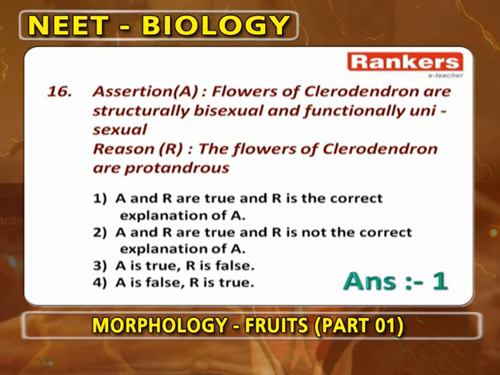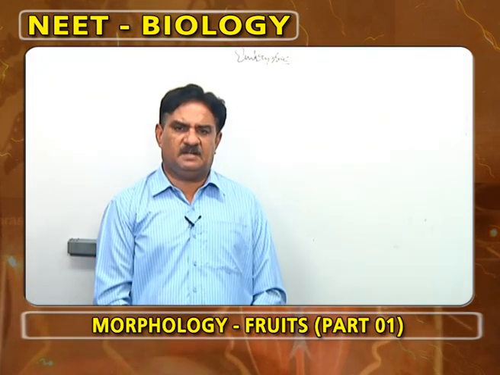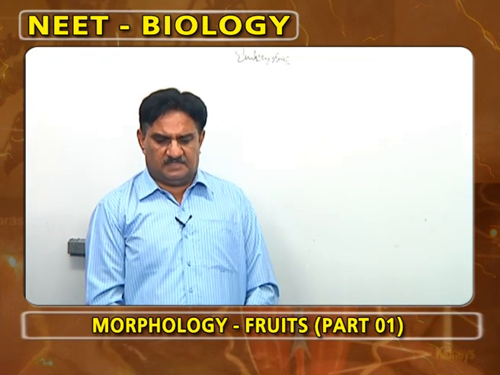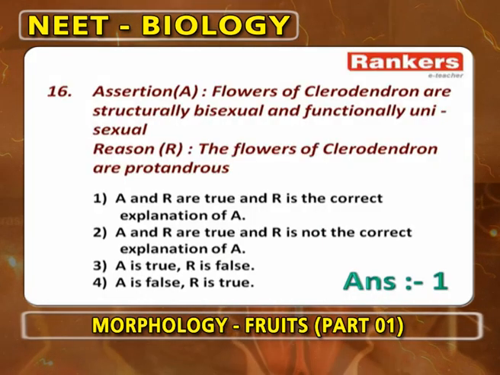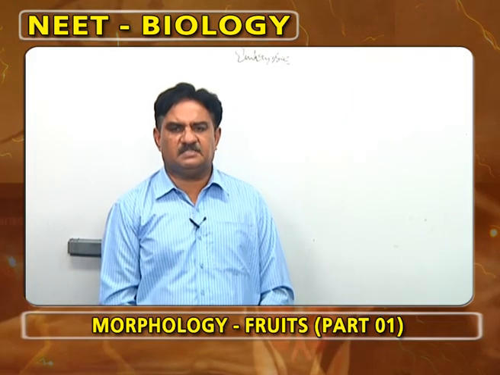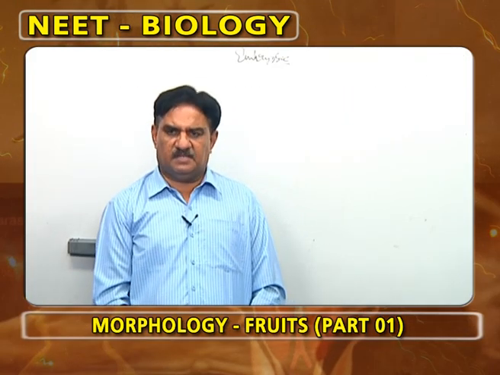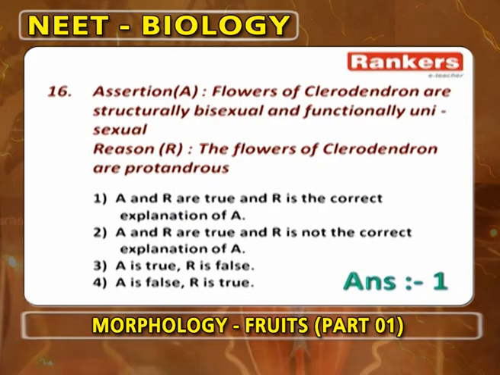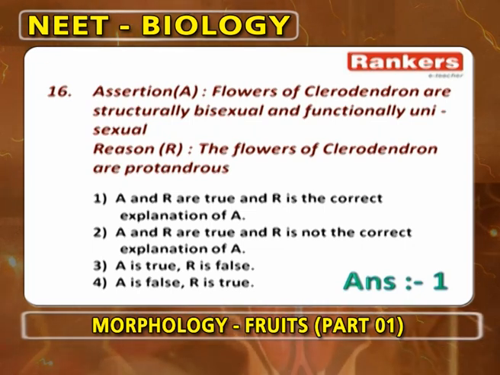After the liberation of pollen grains only, the 7-celled 8-nucleated embryo sac is formed. Because the flowers are protandrous, they are called functionally unisexual. So even though they have androecium and gynoecium, they cannot help in self-pollination. So A and R are correct. R is the correct explanation of A.